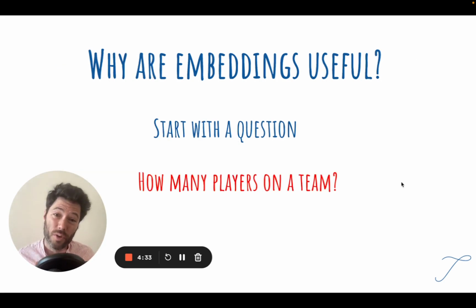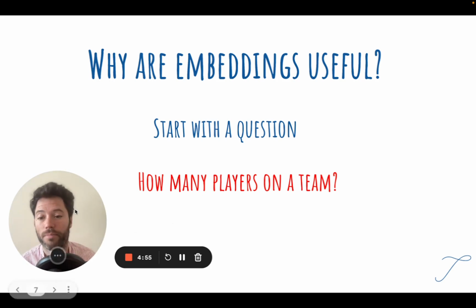How can we make use of embeddings if we want to answer questions about touch rugby? Well, our standard approach is to just ask the question, how many players are on a team? And Llama won't fare very well with this because Llama is not familiar with the rules of touch rugby. But how about if we use a search for meaning to find the most relevant pieces in the rule book and feed them into Llama?